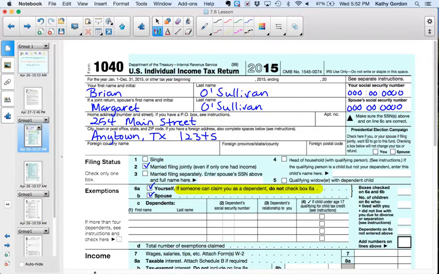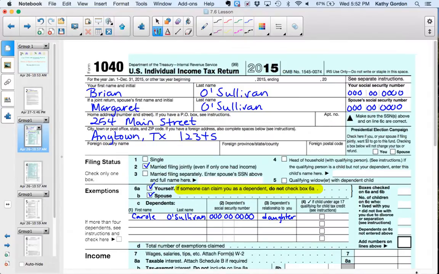And then for the dependents, we'll put their daughter, whose name was Carol. Social Security for her. Her relationship is daughter. It says in the last column, check if child under age 17 qualifying for child tax credit. We have no information that that's true, so we are not going to check that.